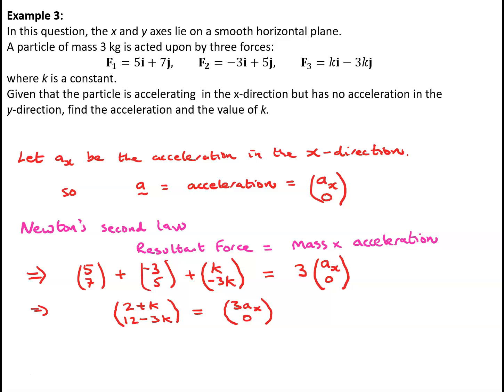Looking first of all at the y components of this equation, we can see that 12 minus 3k must equal 0, which tells me that k must be 4.